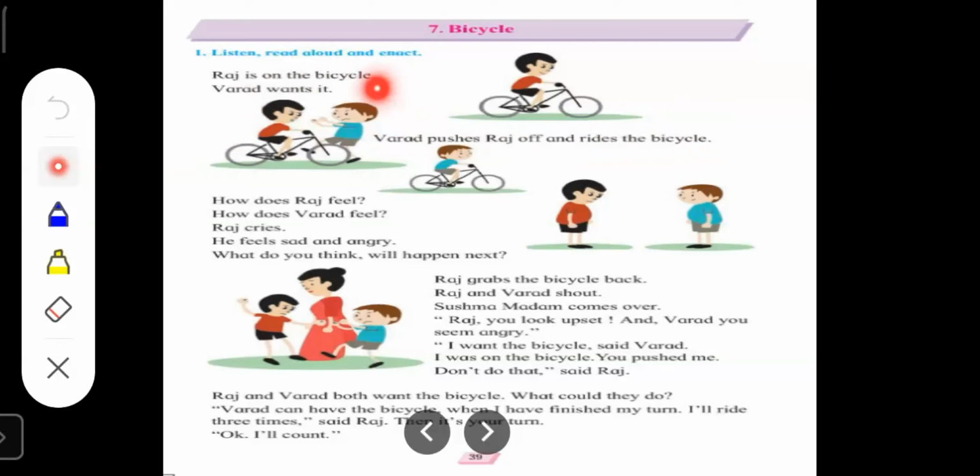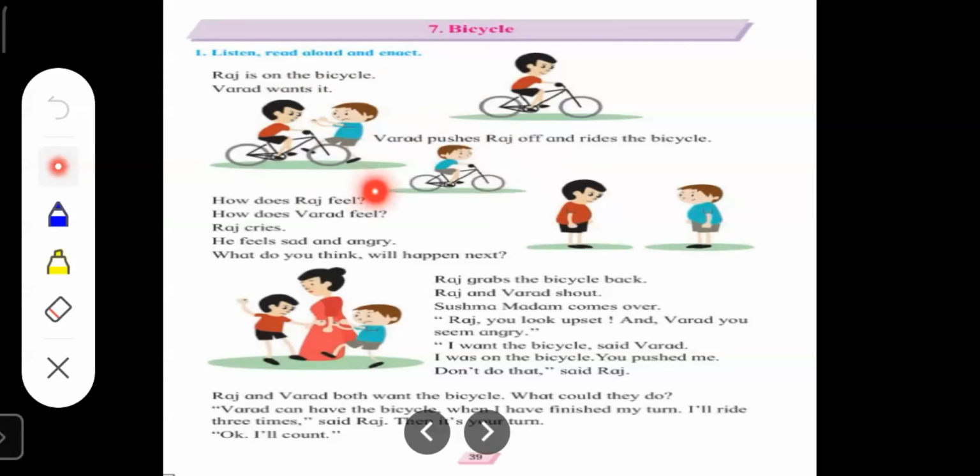You can see here Varad is pushing Raj from the bicycle, and then he is riding the bicycle. This is wrong, children. When you want something from someone, you should request it. Okay? Here Varad pushes Raj from the bicycle and takes it forcefully.